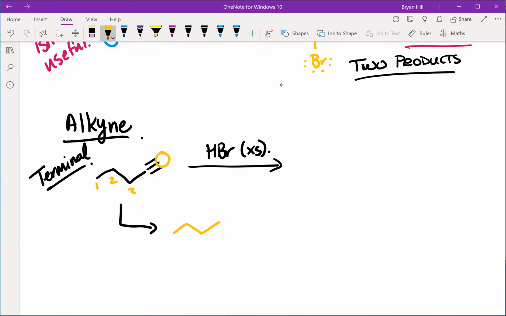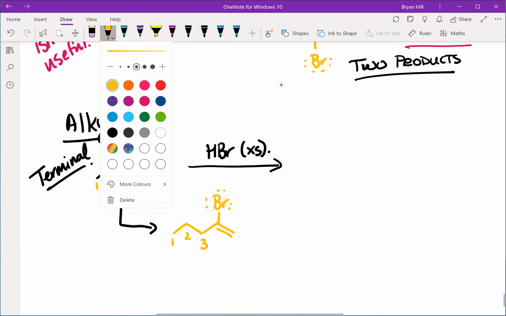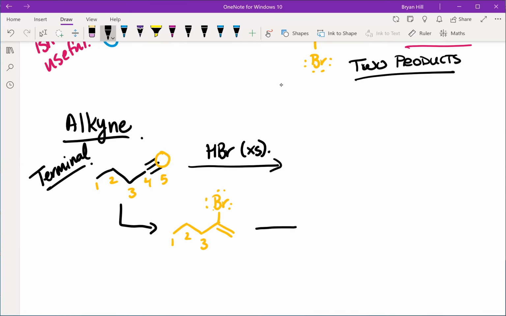1, 2, 3, 4, 5. 1, 2, 3, 4, 5. So this would be the product after the first step. And the final product, which we'll draw over here, the rich still get richer. So this carbon on the end, carbon 5, still has more protons.